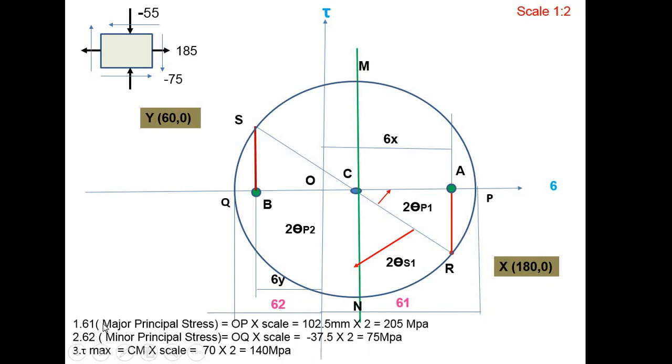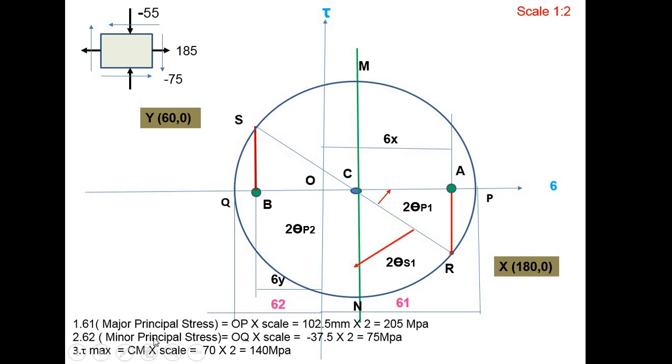Now to get the value of the major principal stress, we need to measure distance OP and then multiply by the scale factor. Our scale factor is 1:2, so multiply by 2. This OP distance is 102.5 mm, multiplied by the scale factor 2. In this way we get 205 MPa major principal stress.